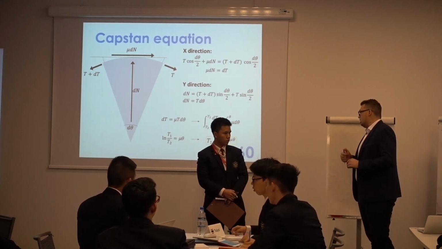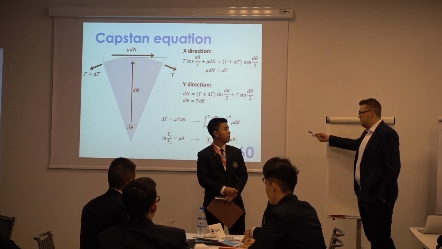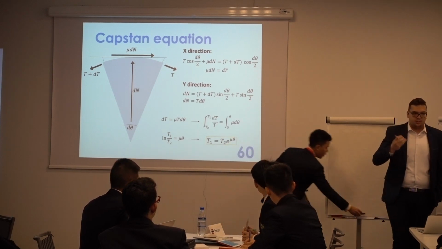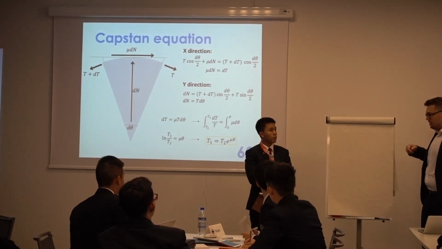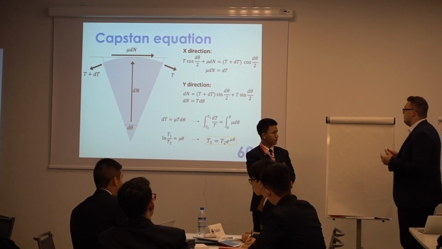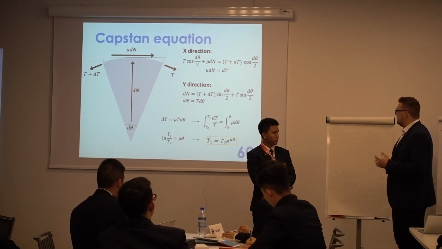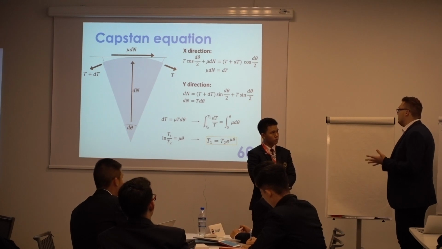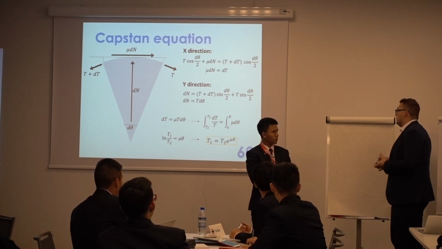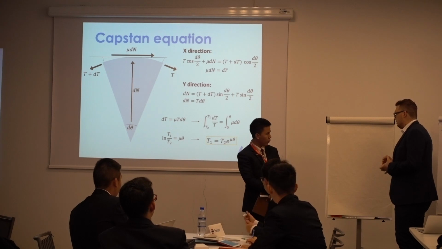As we use a sliding friction coefficient, we are aware that the capstan equation is derived for the stationary situation, but we find it a good approximation in our theory. Okay, so as it works.